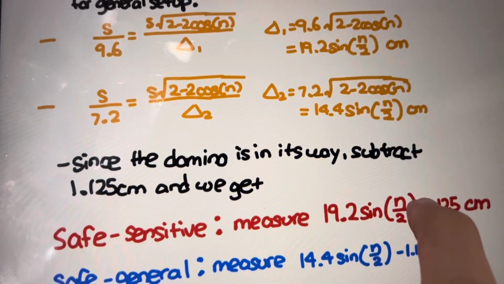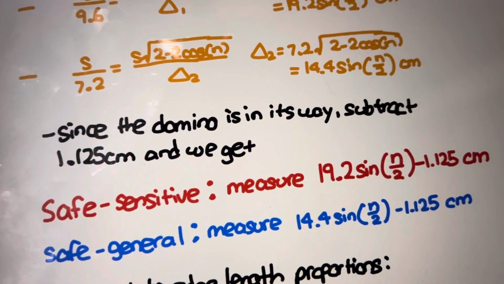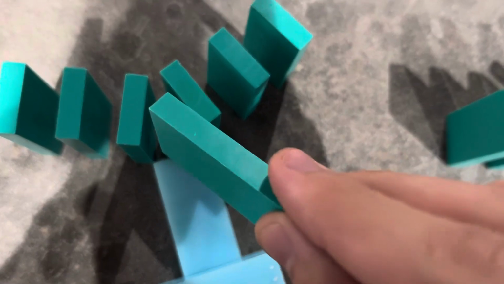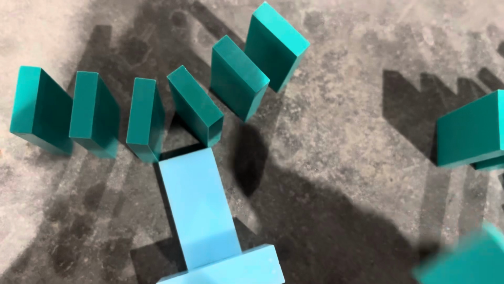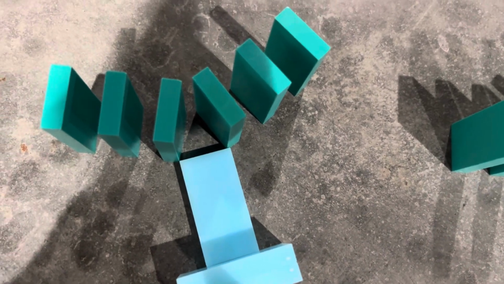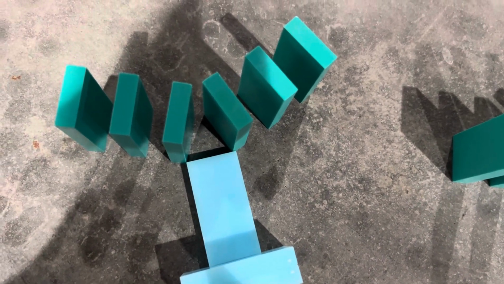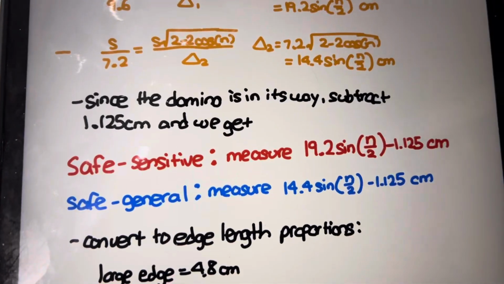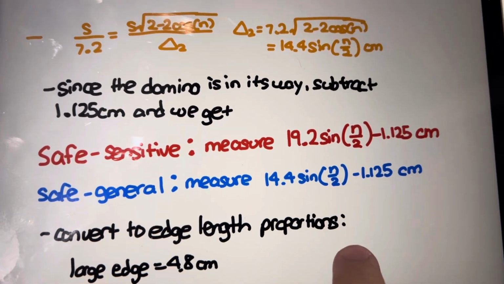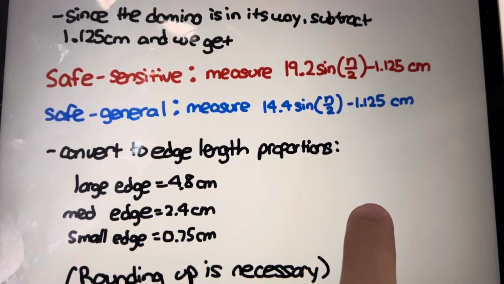Now, since the domino is in its way, if you have this, you cannot get into the center right over there. So you need to accommodate the spacing that gets in between. We subtract 1.125 centimeters, and we got this.